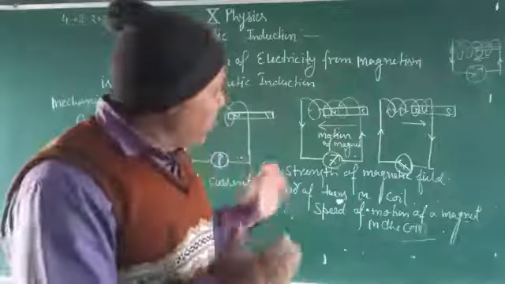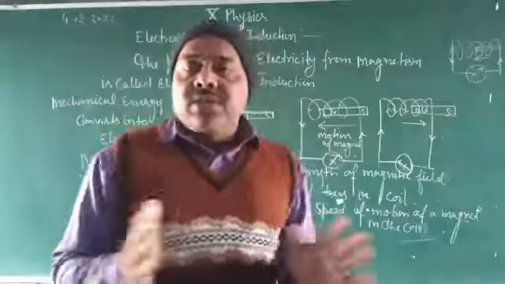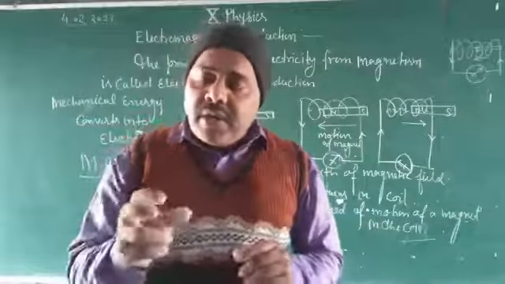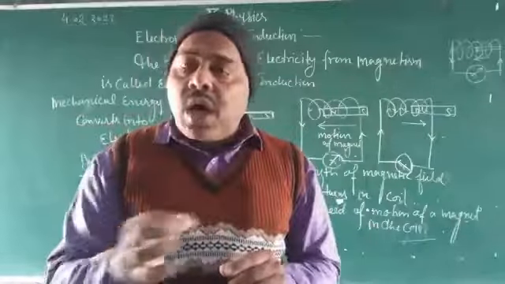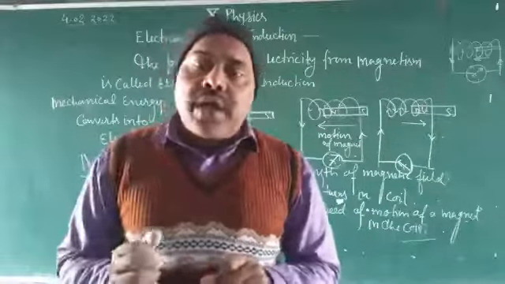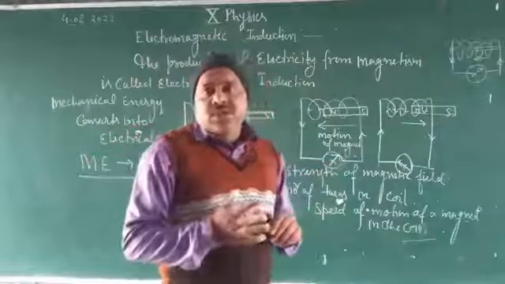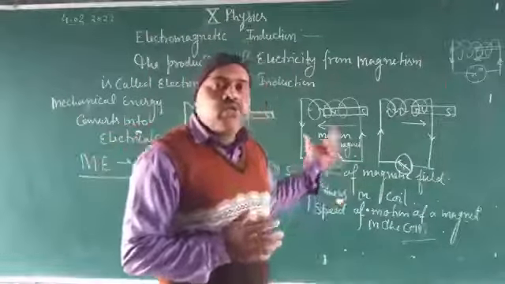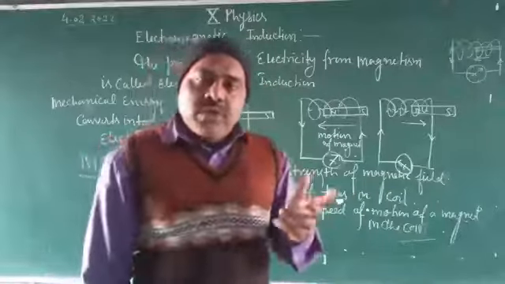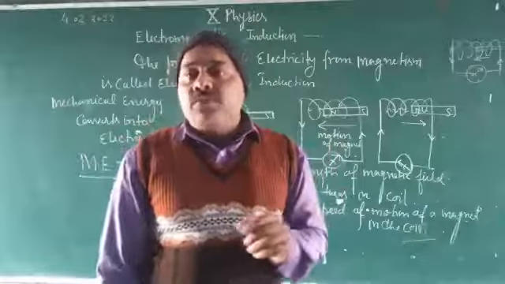Or when the magnet moves up and down or in and out, we can find the deflection in the needle of the galvanometer, and then we can say that induced current is produced due to the EMF, electromotive force.